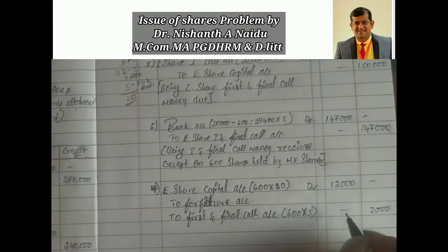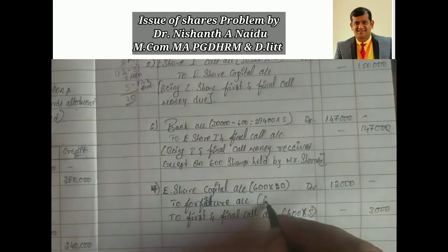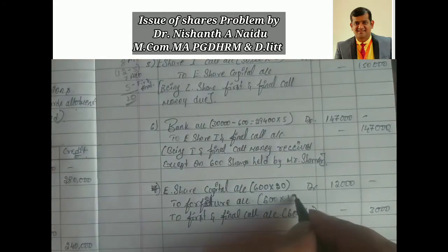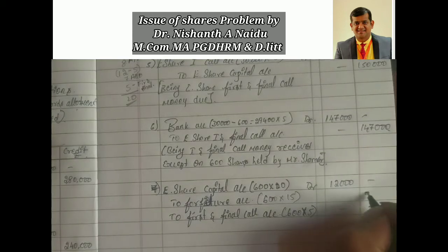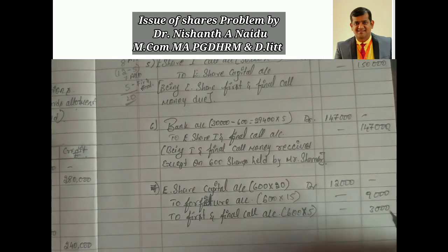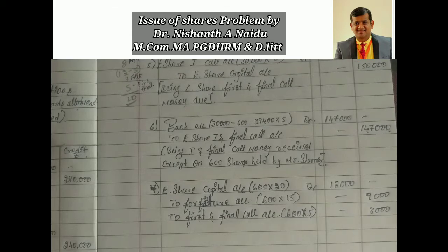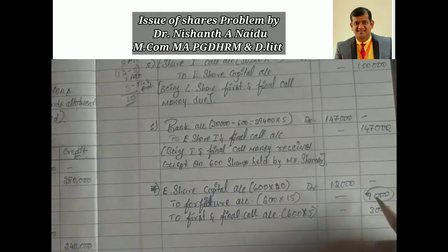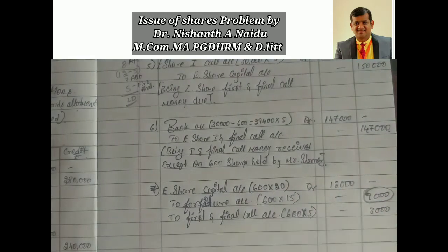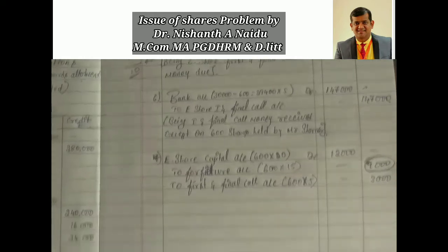They have paid 600 into 15 rupees, which comes to 9,000 rupees. Now we are supposed to circle or highlight this forfeiture amount, so that we can adjust it in future entries.